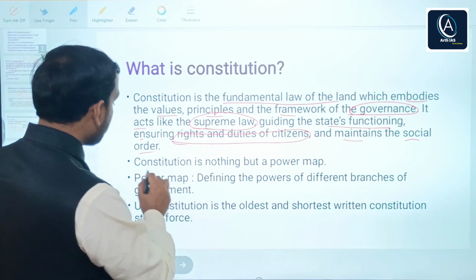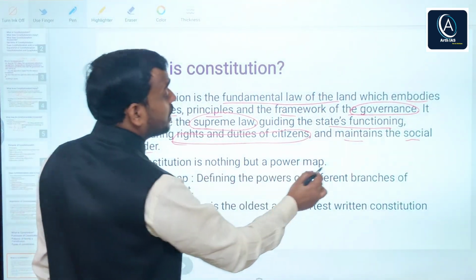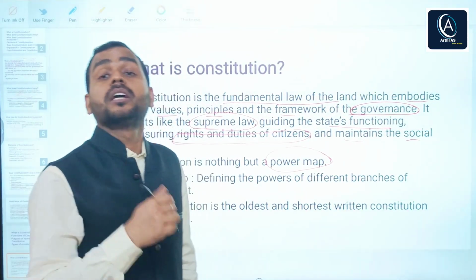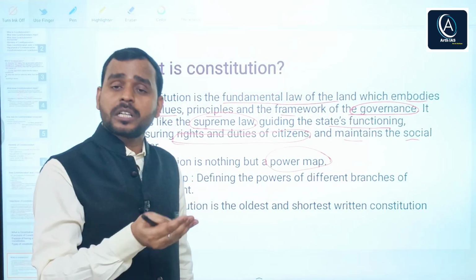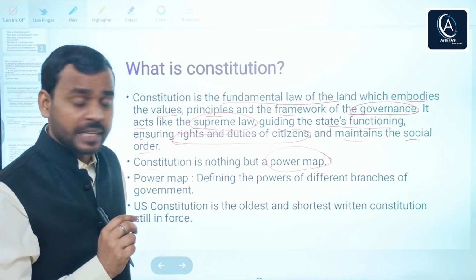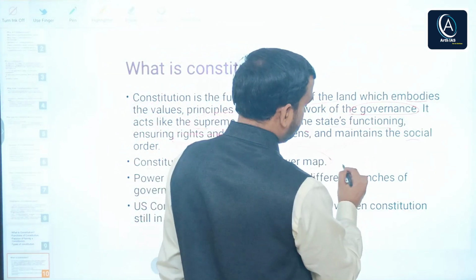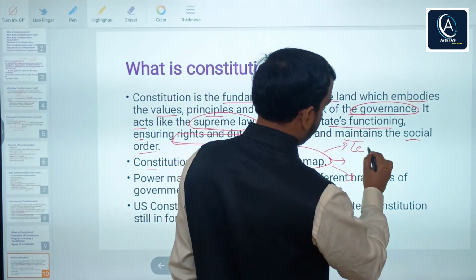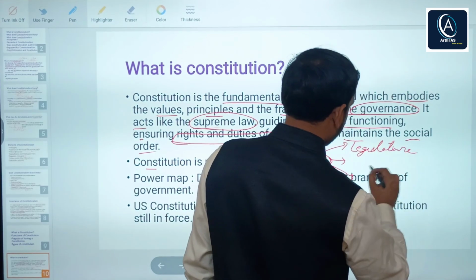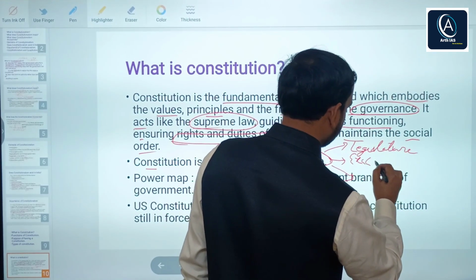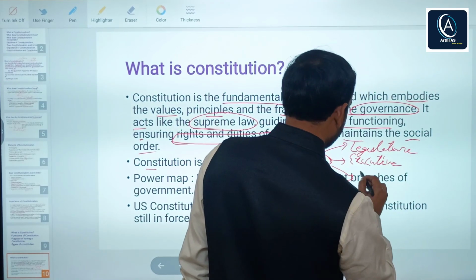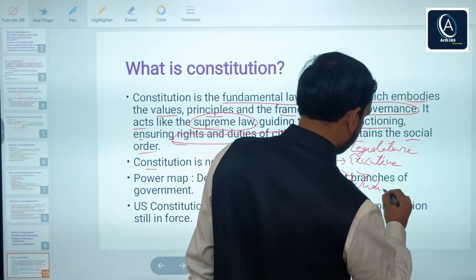Again, constitution is nothing but a power map. Power map, what does it mean? It simply means it defines which organ of a state will have which kind of powers or functions. For example, legislature, executive, and judiciary.